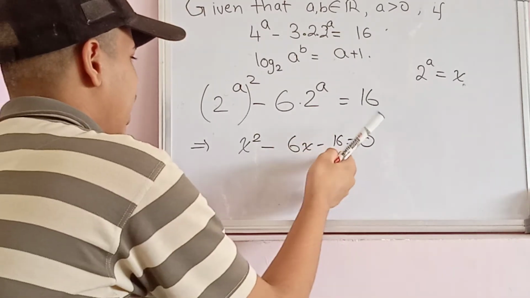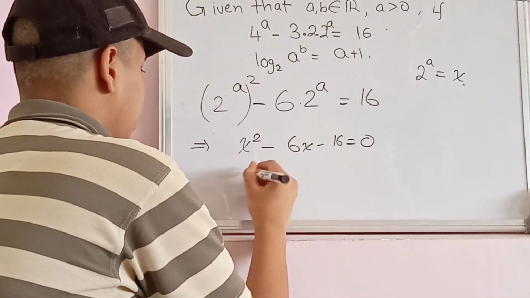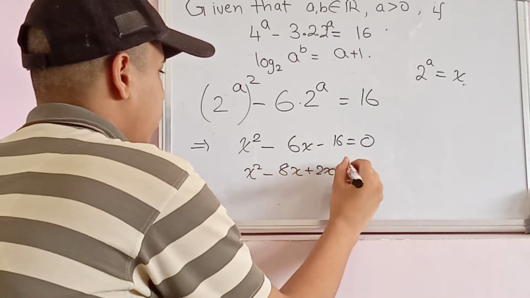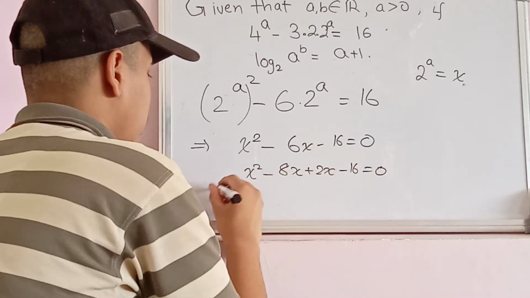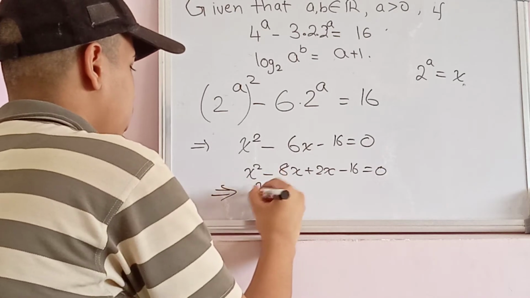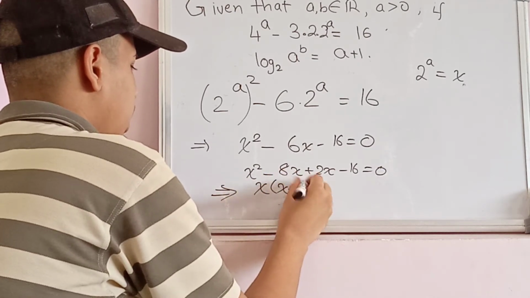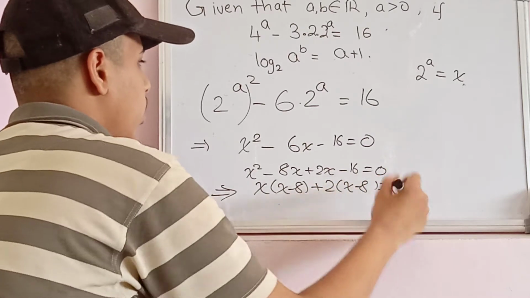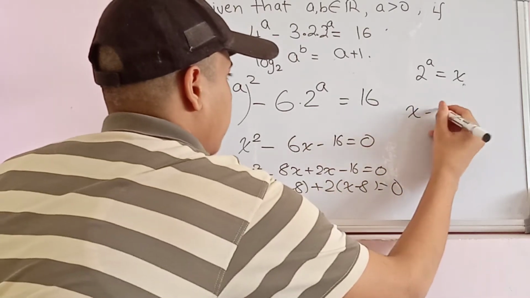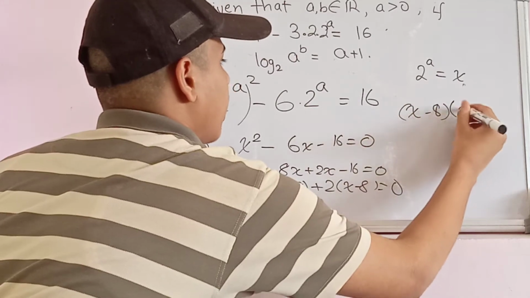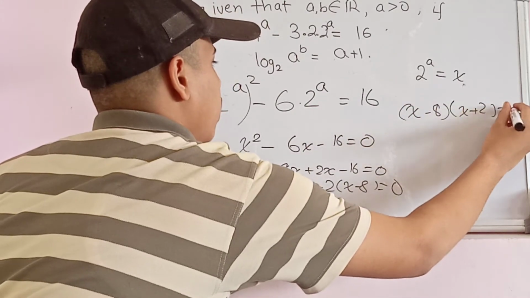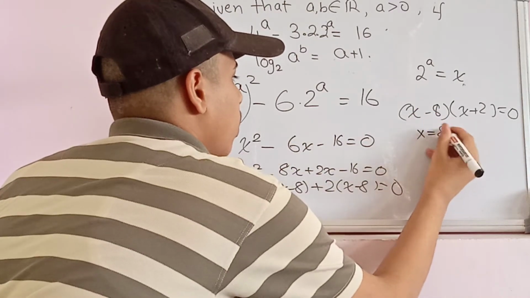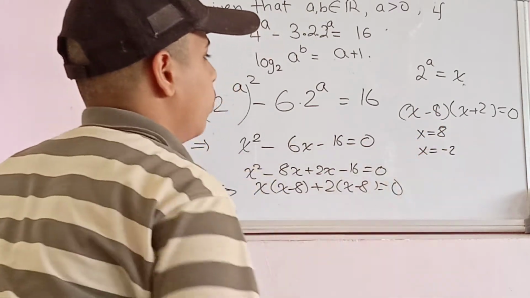You can factor it as x squared minus 8x plus 2x minus 16 equals 0, which means that x times (x minus 8) plus 2 times (x minus 8) is equal to 0. (x minus 8) times (x plus 2) is equal to 0. So x equals 8 or x equals negative 2.